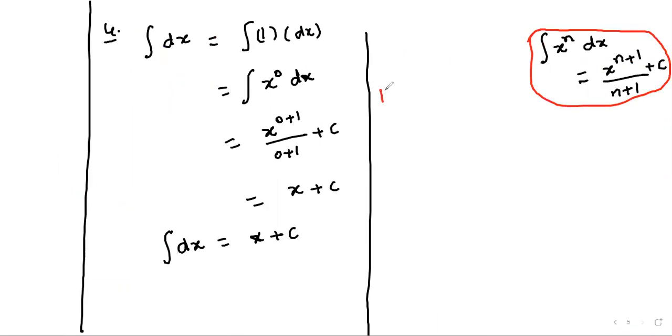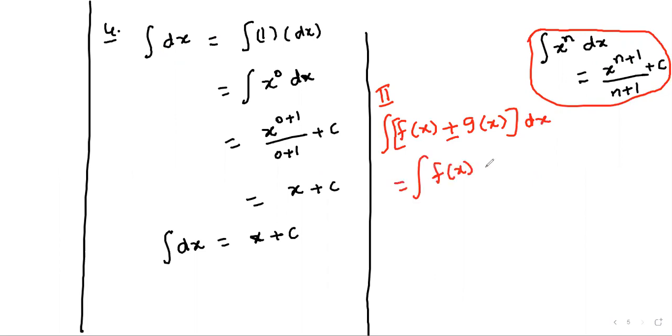Next, number 2: if we have two functions f of x and g of x, integral of f of x plus or minus g of x whole times dx, I can apply the integration separately: integral f of x dx plus or minus integral g of x dx. Let us consider an example, x cube minus 2x power 7 by 3 dx.